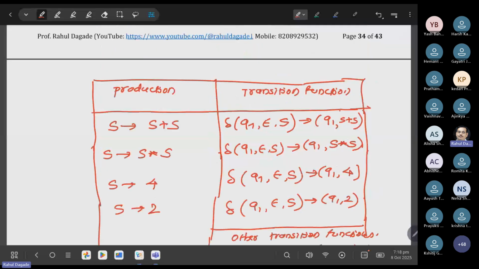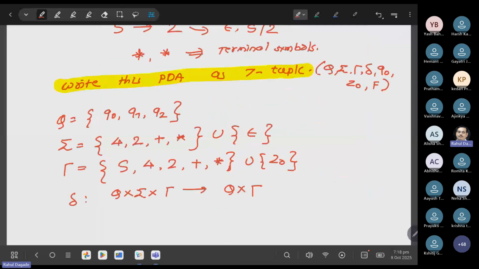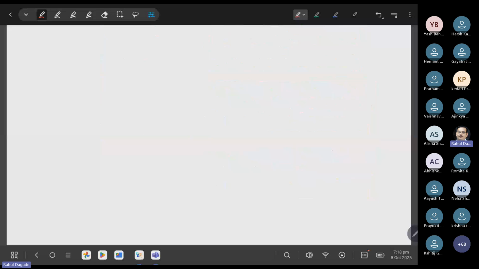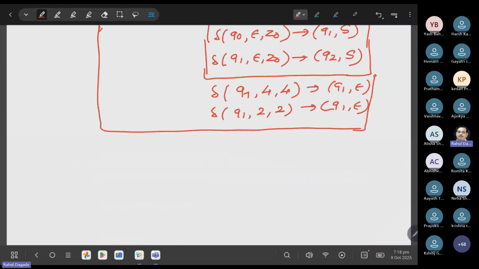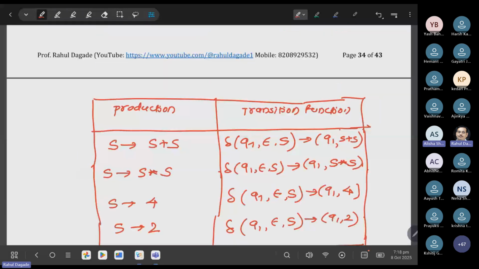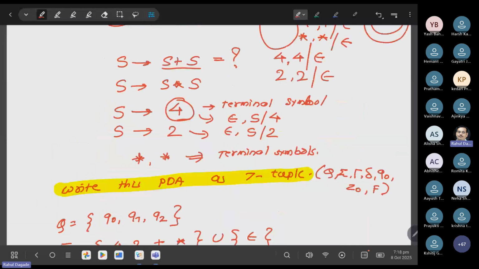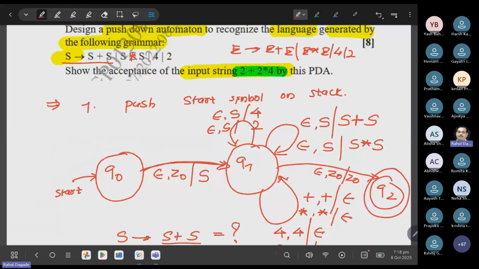Okay. Now let us simulate, or show, the stack operations. Now which input is there? Input is 2 plus 2 into 4.